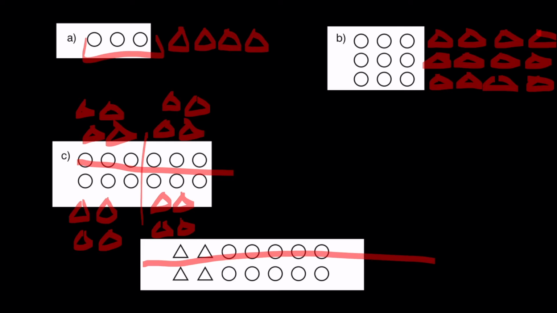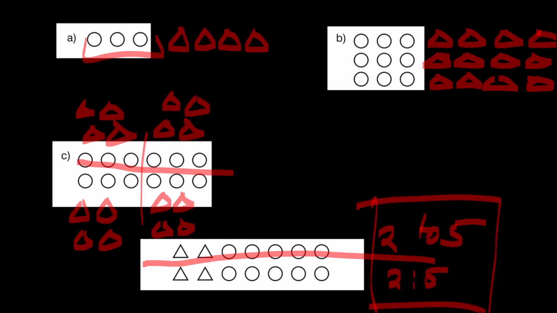So I'm going to say there are 2 triangles to 5 circles. Or I can say there's 2 triangles to 5 circles. Both of these ways are ways to state ratios.